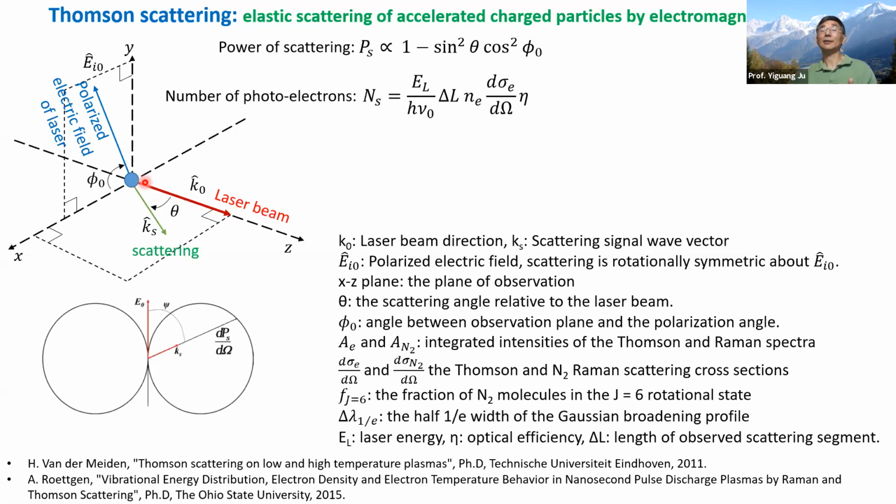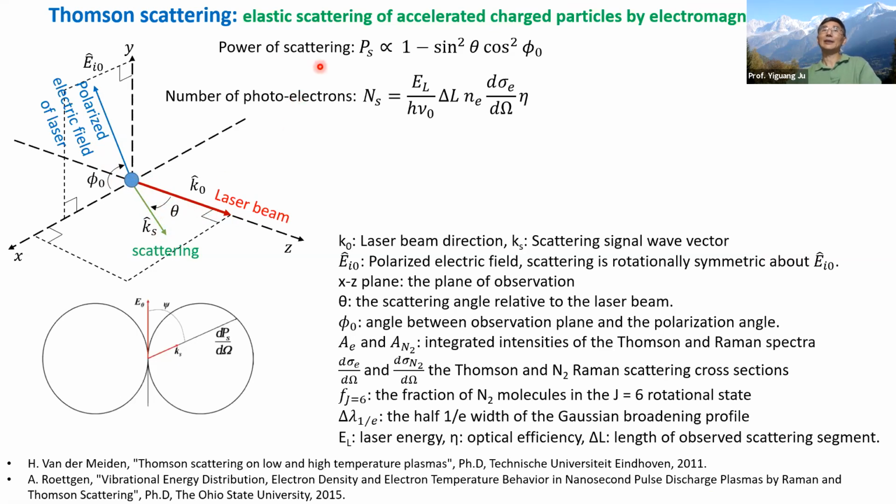And when the electrons are accelerated by the photons, they are going to scatter the signal. This is a laser beam, and in the vertical direction you have an oscillating, polarizing electric field. So electrons will scatter this laser beam into different directions with an angle of theta.